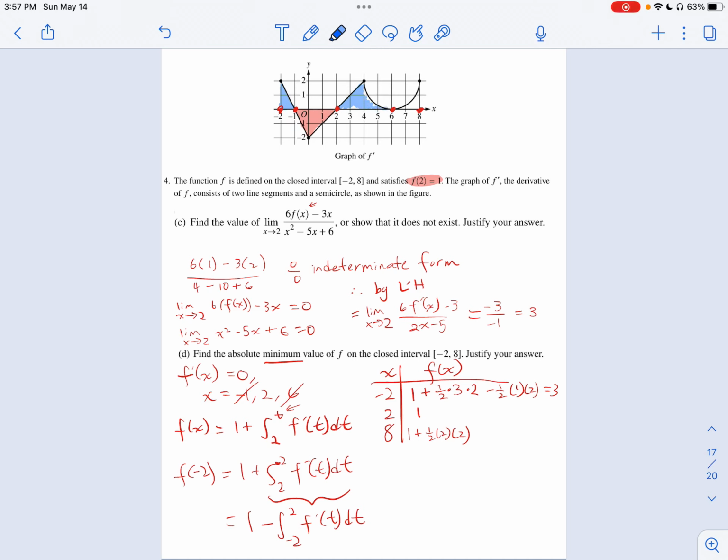But we are going to need to think about splitting this up as one triangle plus the area underneath the curve here, this being a semicircle, right? So we have 1/4 of pi with a radius of 2 squared. So that's just going to be equal to pi. So that's the area of each quarter circle there, if you will.